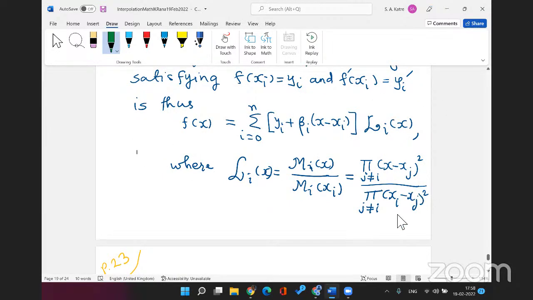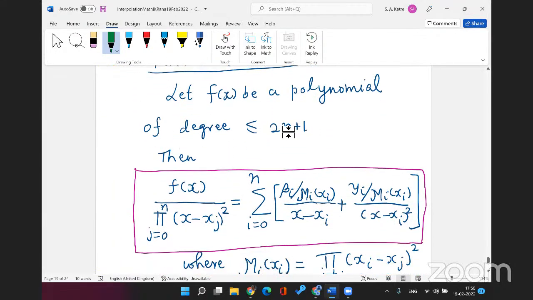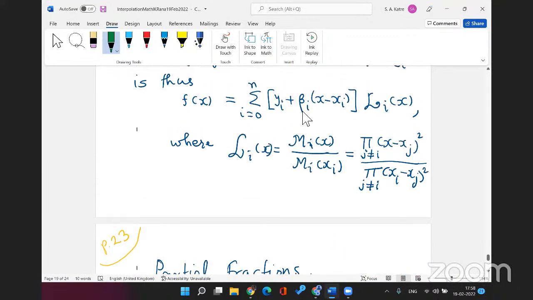Divide this by product (x minus x_j) square for all j. So you get f(x) upon product j equal to 0 to n (x minus x_j) square is equal to, now you are dividing by this. So capital M_i(x) is there in the numerator. Capital M_i means all other terms than j equal to i.